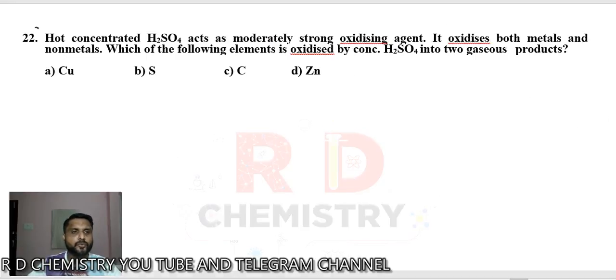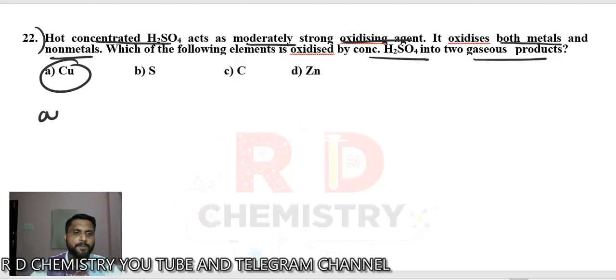Question number 22. Hot concentrated sulfuric acid acts as a moderately strong oxidizing agent, oxidizing both metals and non-metals. Which of the following is oxidized by sulfuric acid into two gaseous products? Now here copper will give copper sulfate plus sulfur dioxide, and here sulfur gets oxidized to give sulfur dioxide itself, and sulfuric acid is also converted to sulfur dioxide.